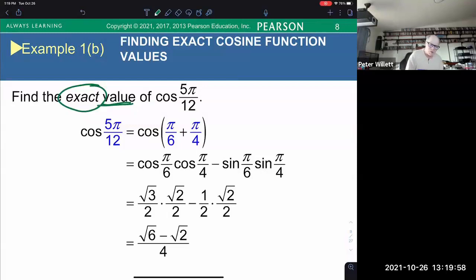And keep in mind, we know the exact values when we take sine and cosine of pi over 6, which is 30 degrees, pi over 4, which is 45 degrees, pi over 3, which is 60 degrees. And of course, pi over 2 is 90 degrees, and pi and whole values of pi or pi over 2 we know as well.